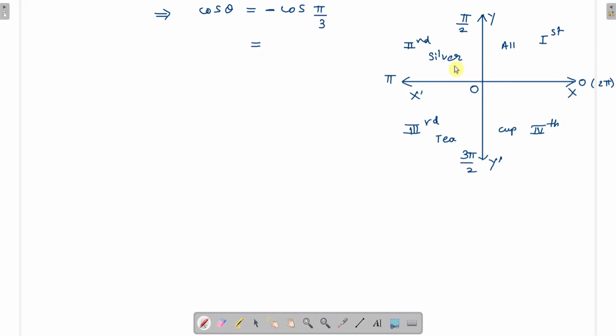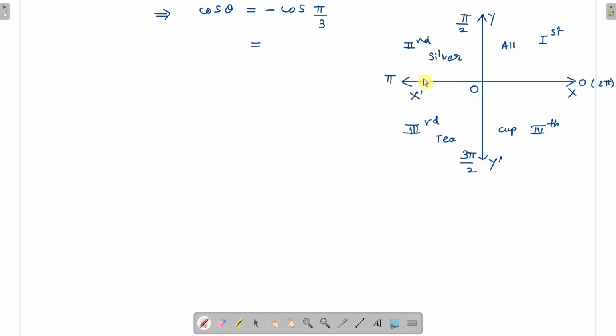So now we have to take the second quadrant, because theta cannot go beyond pi and theta cannot go below 0, okay. So therefore we have to only look at the first quadrant and the second quadrant. Now you know that all ratios are positive here, that means you will not get minus here, so we have to go to the second quadrant.